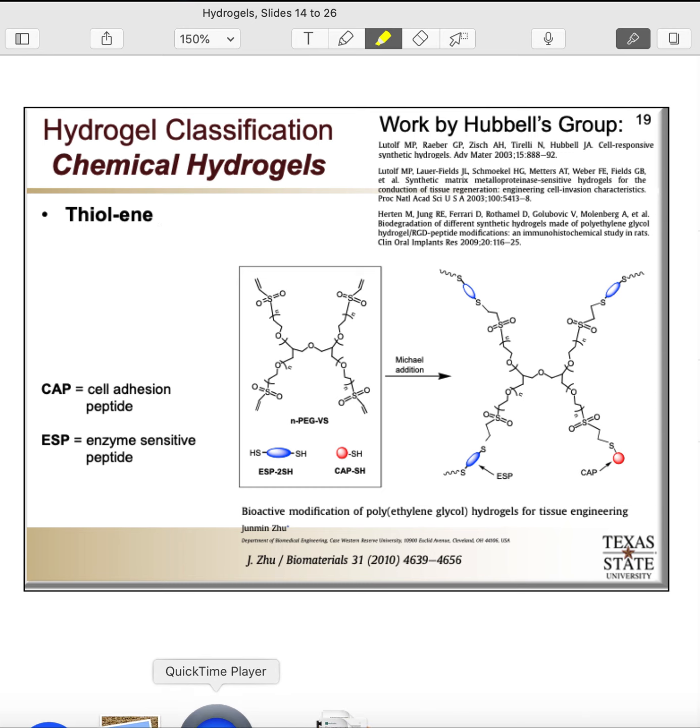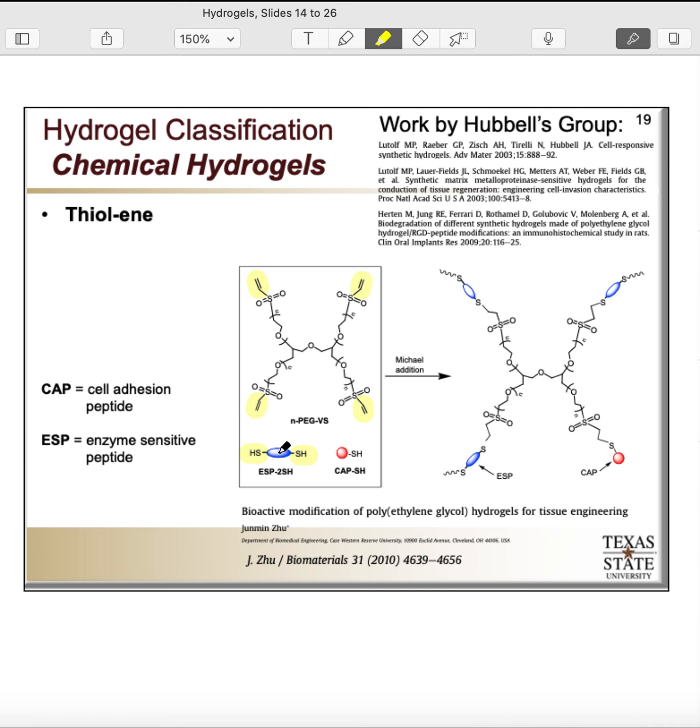So what they did is that they utilized this four-arm polyethylene glycol system that has these vinyl sulfone groups. The vinyl provides the alkene that we need to carry out the reaction, right? And so what they did then is that they reacted this with a cross-linker, which is a bis-thiol, so it's a molecule that contains two thiol groups.